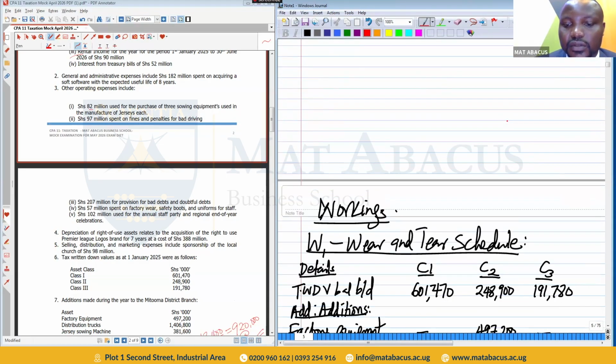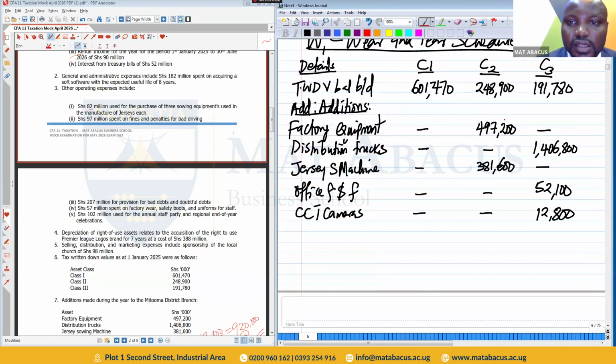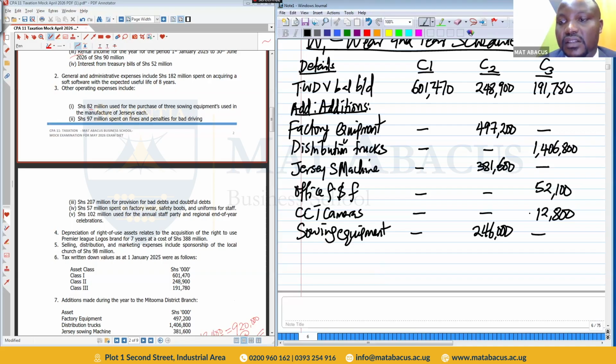So we come down and bring it here as sewing equipment, 246. It is in class 2 because it's used in manufacturing.